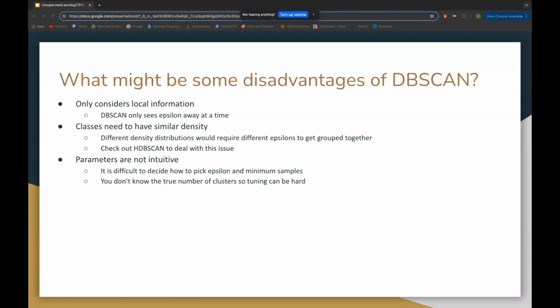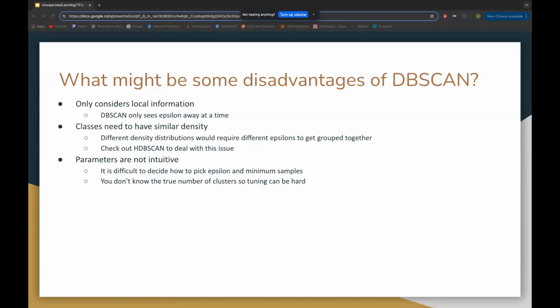And that's something you'll see in the notebook, where one cluster is more sparse than the other, and you'll see that dbScan has a difficult time handling that. There is HDBScan, which I haven't experimented with myself, that can sort of dynamically vary the epsilon value to try and help with that. But yeah, normal dbScan has a huge issue here.